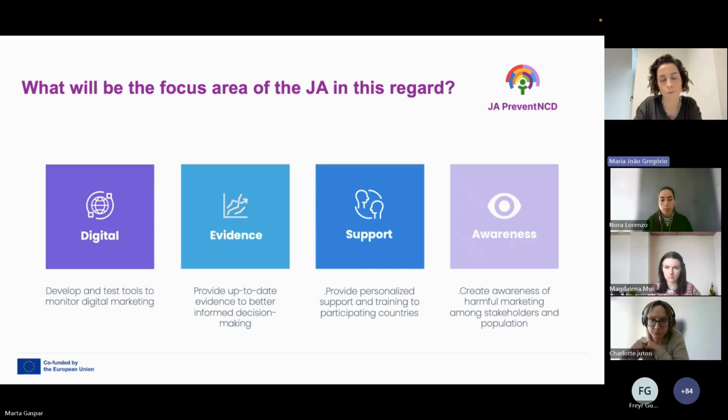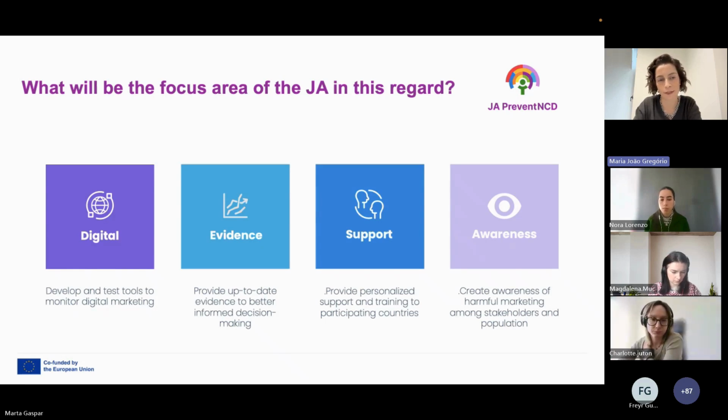We also aim to provide up-to-date evidence to support better informed decision-making at the national and also at the European level. We aim to generate evidence on children's exposure to digital marketing, combining objective exposure data with self-reported information in order to better understand the marketing practices and their potential impact.